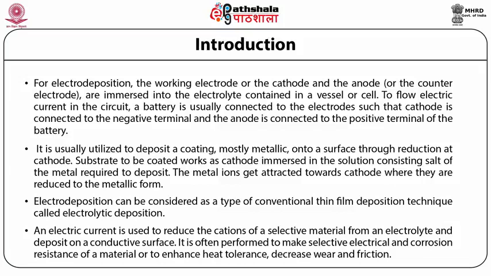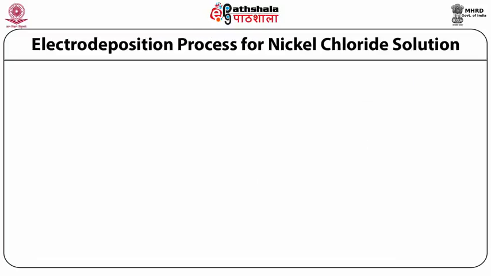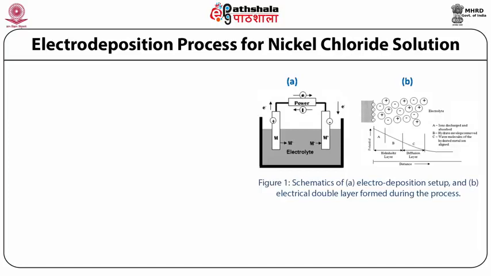It is often performed to improve the electrical and corrosion resistance of a material or to enhance heat tolerance and decrease wear and friction. Figure 1 shows the schematic of the electrodeposition process for nickel chloride solution.